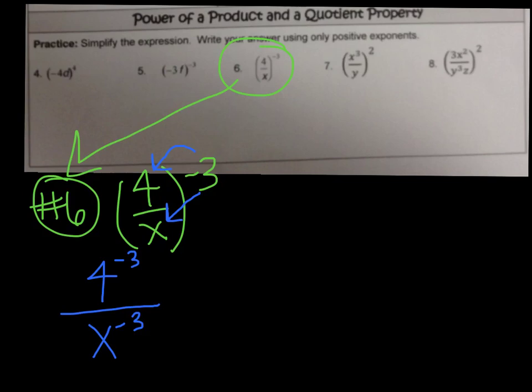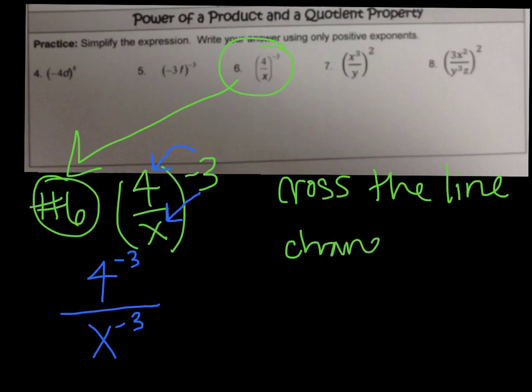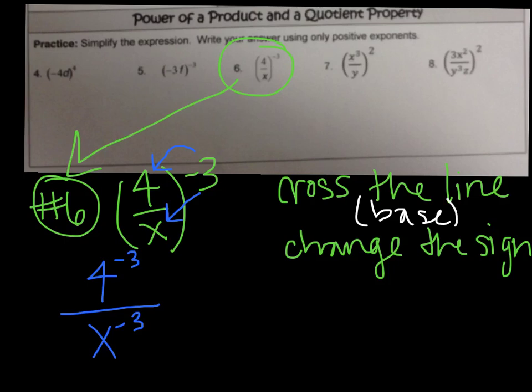Well, 4 raised to the negative third is a negative exponent, and x has a negative exponent as well, so now we have to use our negative exponent rule. Remember, our negative exponent property says cross the line, change the sign. What crosses the line is the base of your exponent.